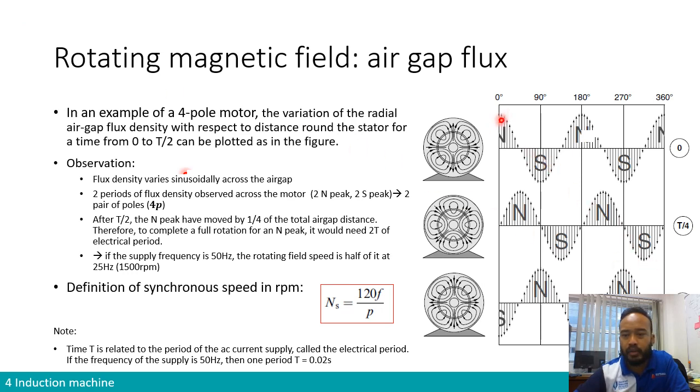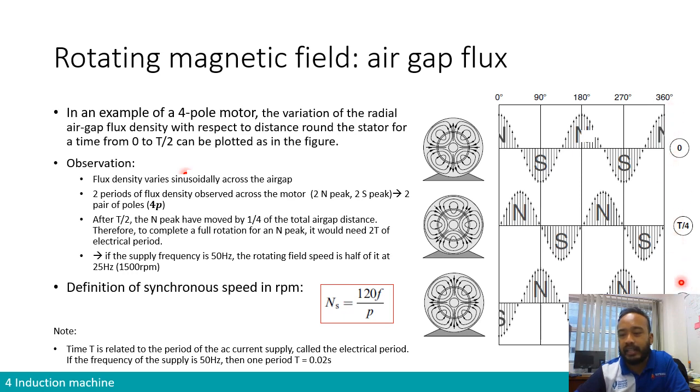So it moved from 0 to 90. 90 degrees is pi over 2. So mechanically, the flux in the air gap has moved by pi over 2 when the electrical period has moved by pi. I'm sorry, because half a period is pi.